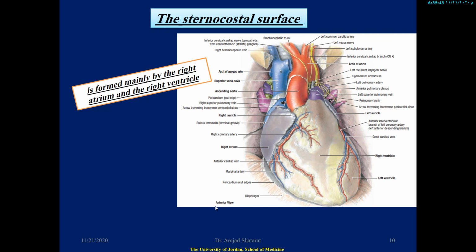We do image these walls on X-ray at least, and if we see that some of the walls are getting thicker, bigger, or enlarged, we need to know which chamber makes this wall, and this gives you an indication that the right chamber or the left chamber is diseased.